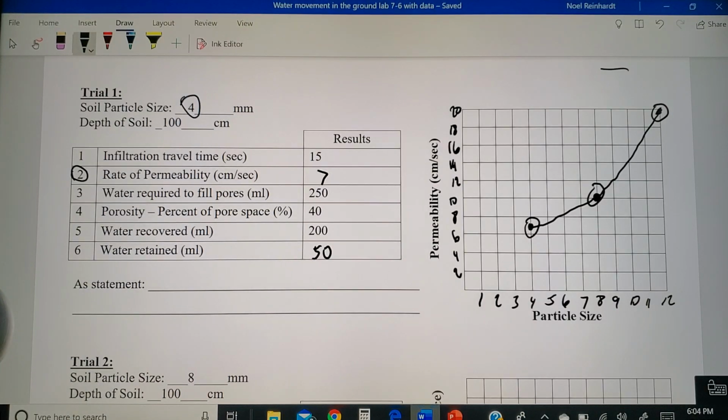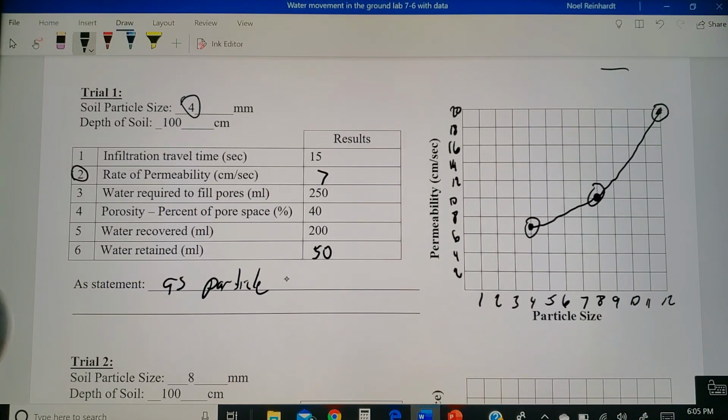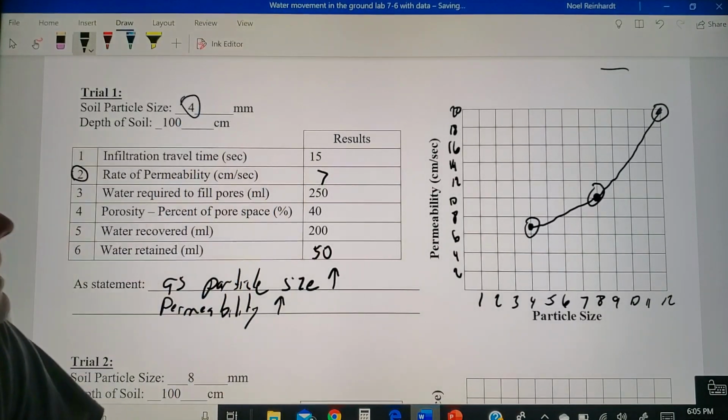So as particle size increased, so does permeability. Okay, so something like that for your as statement. All right, and that would take care of the first one there.